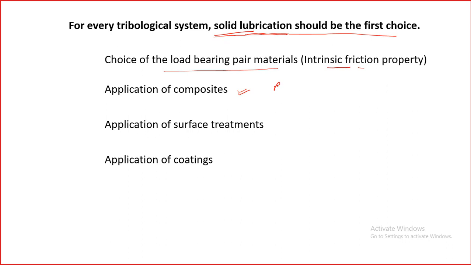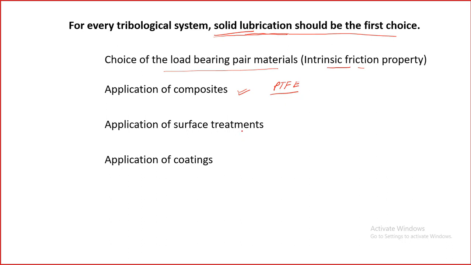For example, PTFE is a solid lubricant, so I can add PTFE particles inside a polymer or even inside a metal. Some metals are made into a kind of spongy metals which has got holes inside, and those holes can be filled with PTFE.